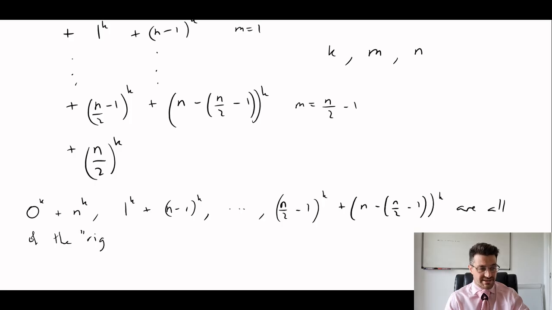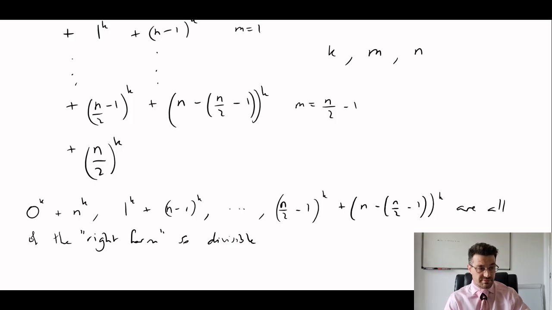So I wouldn't write this in my exam. I would actually write out, in fact I did write out, I've got it here in my notes, are all of the form in part 2, that is k is a positive odd integer, m is a non-negative integer, n is a positive integer. But I'm just going to write here, they're all of the right form, so divisible.